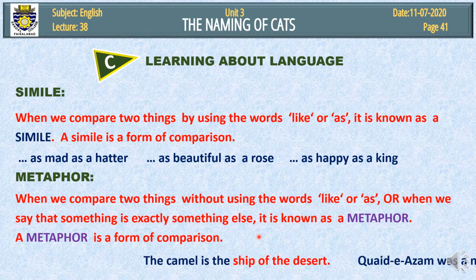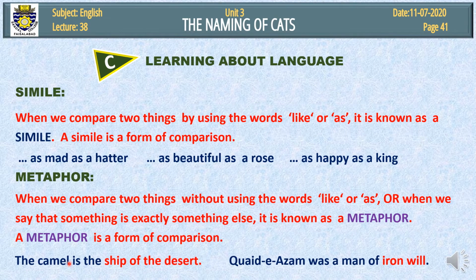The example may be, the camel is the ship of the desert. We know that though a desert is not a sea, there are some similarities. That is, desert is lonely and flat like the sea, and that's why camel is a ship on the sea of desert. We say that the camel is the ship of the desert.